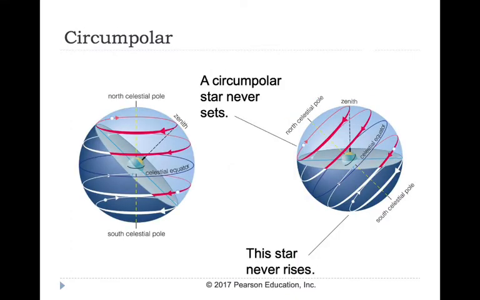Some stars are considered circumpolar, and what that means is that they never appear to rise or set. So what happens is a star will rise, come up in the sky, and then it will set. And so from our vantage point, it goes below the horizon and it appears to set.